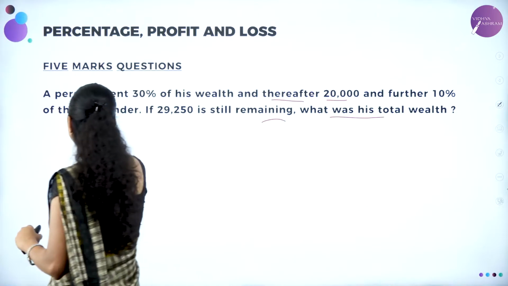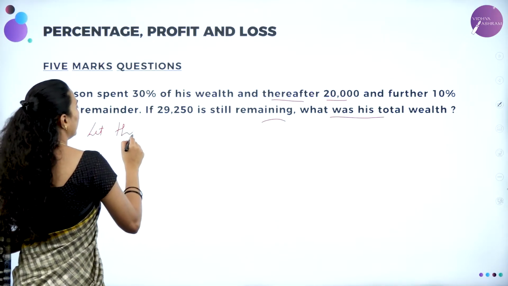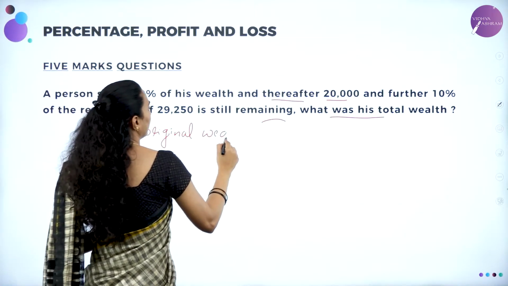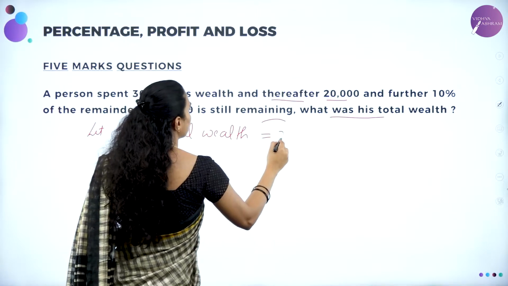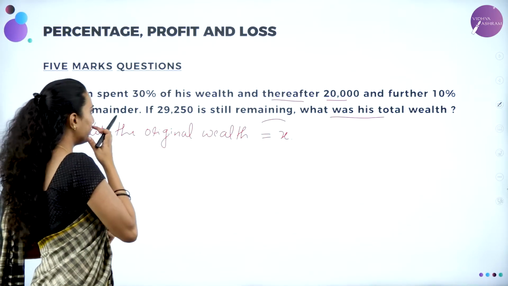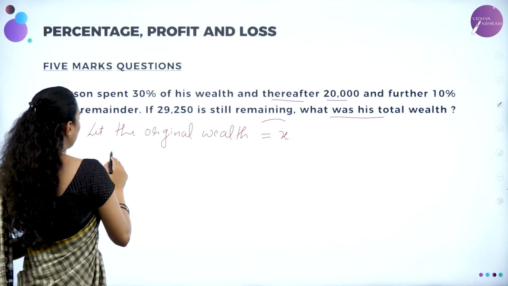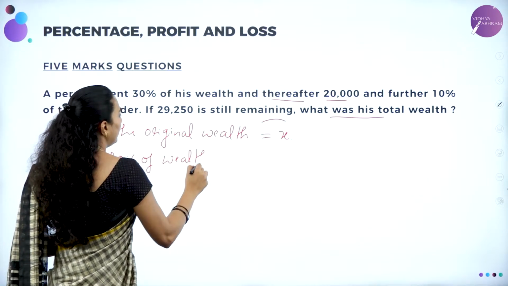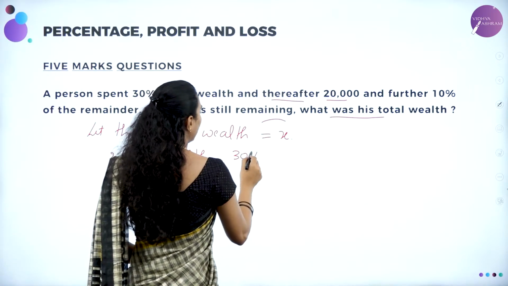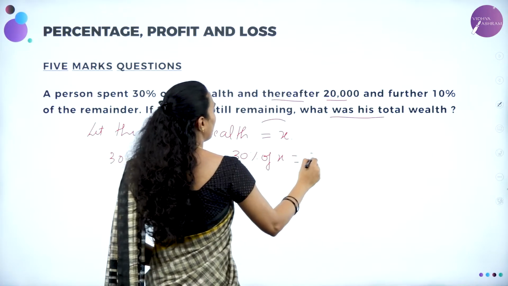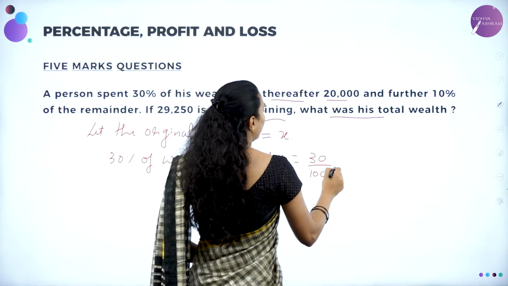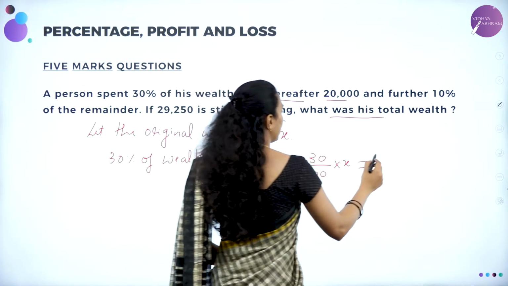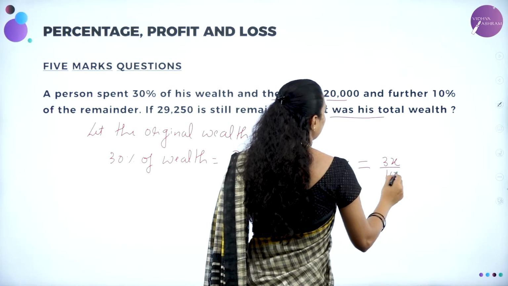Let the original wealth of the person be x. 30% of wealth means 30% of x, which is 30 divided by 100 into x, which is 3x divided by 10.